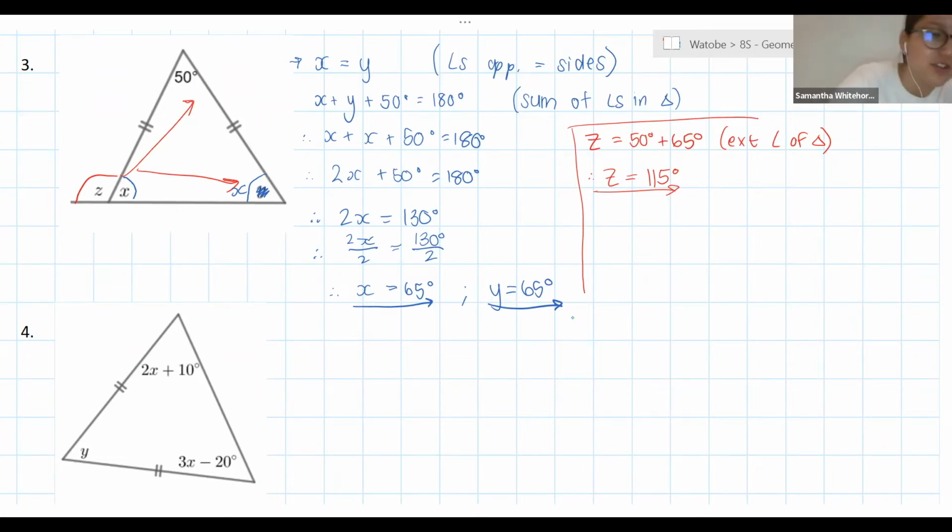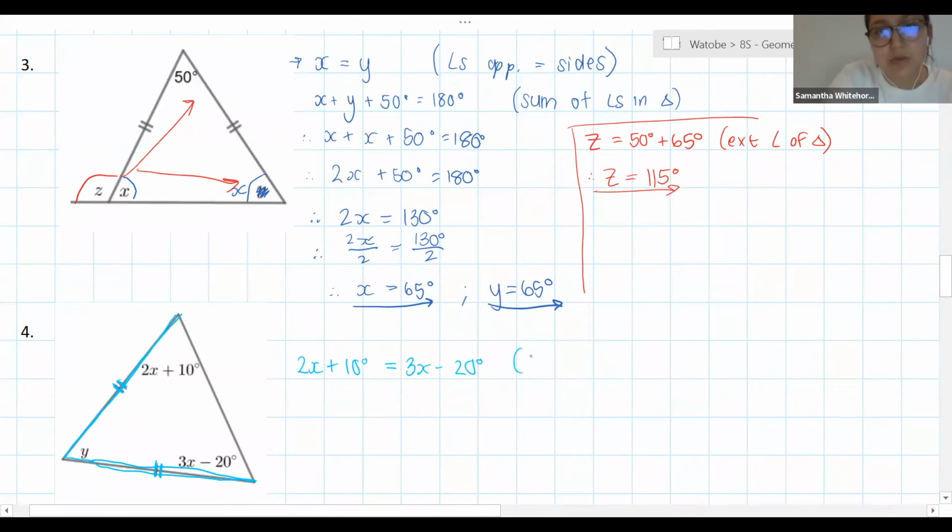Okay, good. So I'm just making sure we're all clear on this. Guys, because this side that I'm highlighting in blue and this side that I'm highlighting in blue are equal to each other because of those little lines there, we know that 2x plus 10 is actually equal to 3x minus 20.